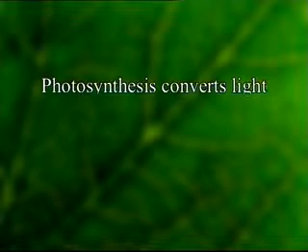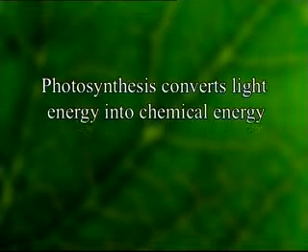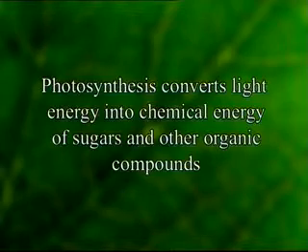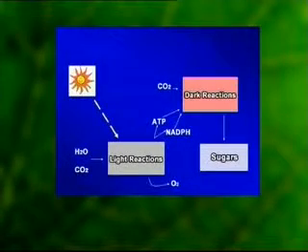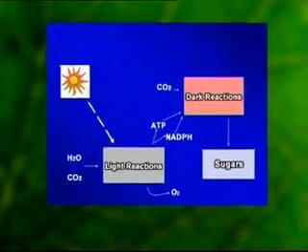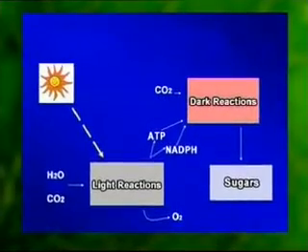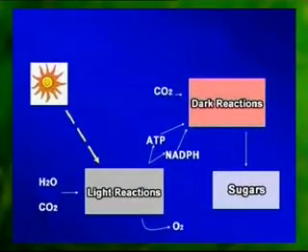Thus, photosynthesis converts light energy into the chemical energy of sugars and other organic compounds. This process consists of a series of chemical reactions that require carbon dioxide and water and store chemical energy in the form of sugar.